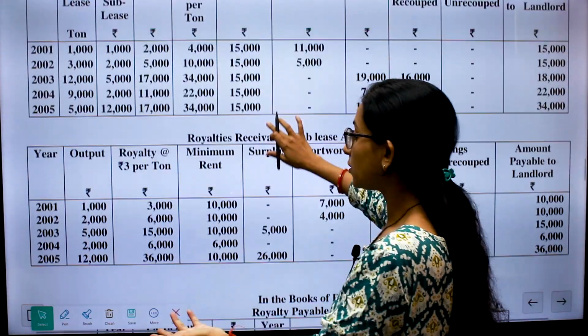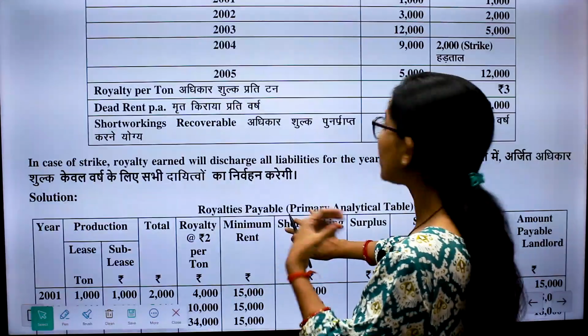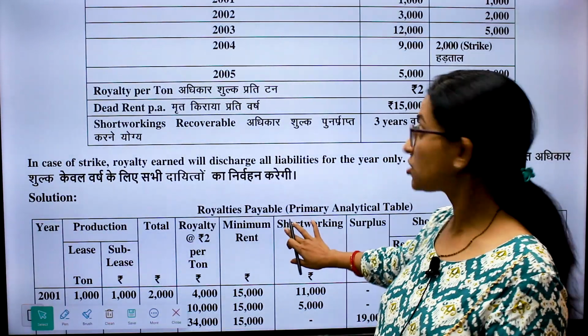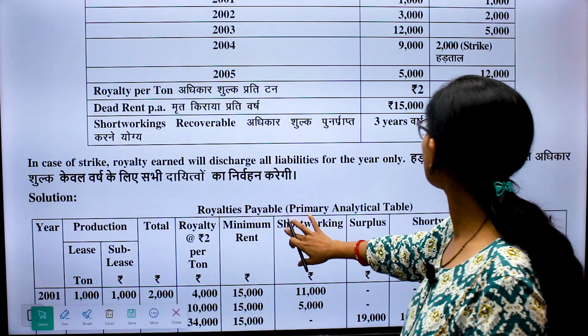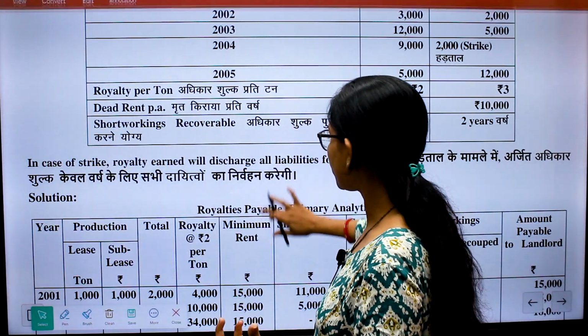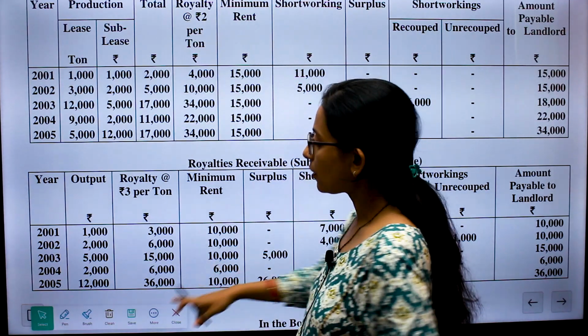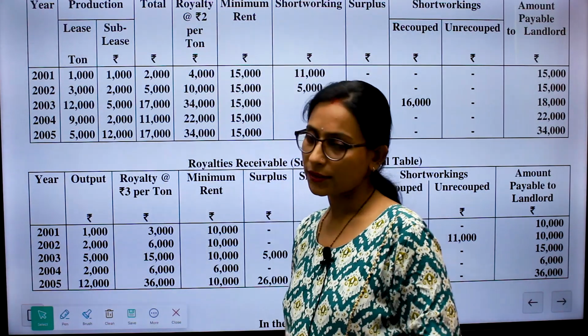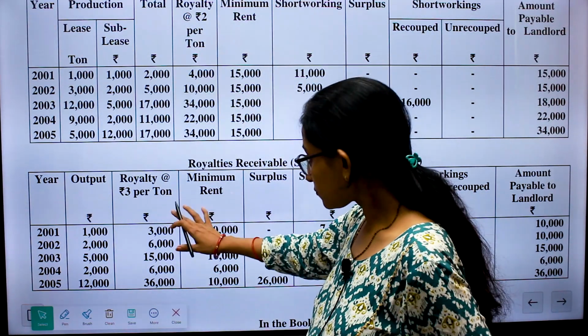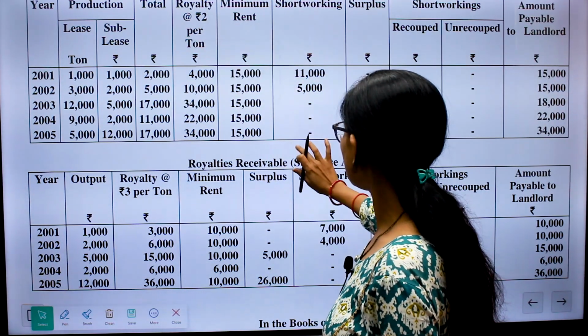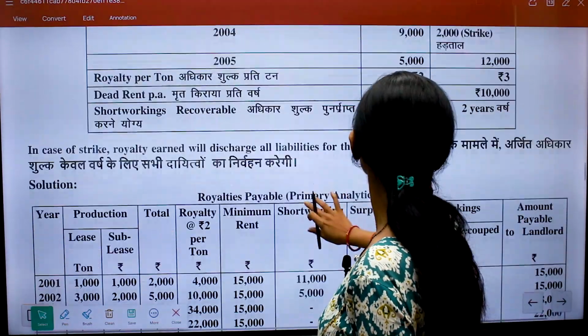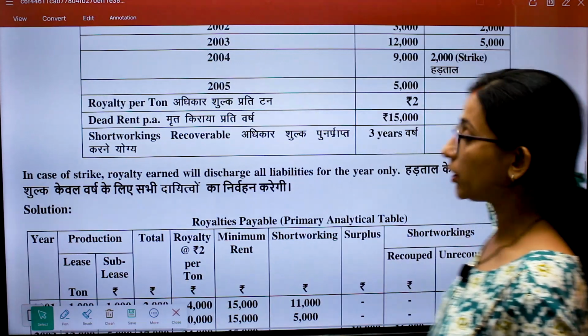But in the fourth year there is a strike, so he is not able to produce much output. Only 2,000 tons are produced by Gopal, so we will write 2,000, and the last year output produced by Gopal is 12,000. And the royalty per ton mentioned is 3.